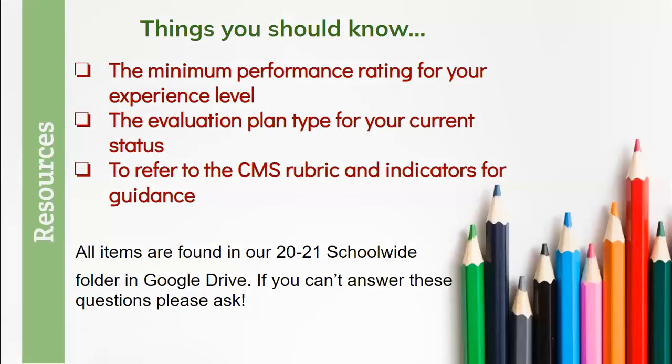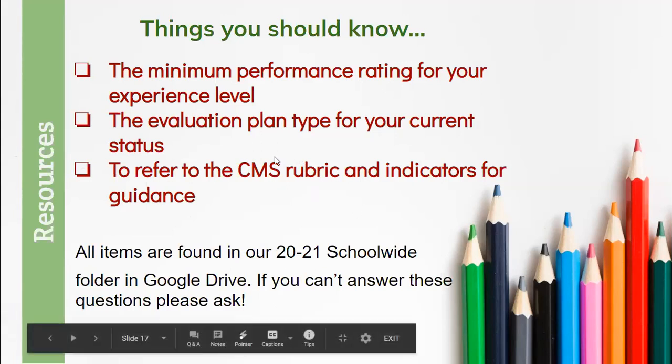Things you should know, and this information is uploaded in the evaluation folder. The minimum performance rating for your experience level: there is a document in our evaluation folder that informs you what your minimum rating needs to be according to your experience level.